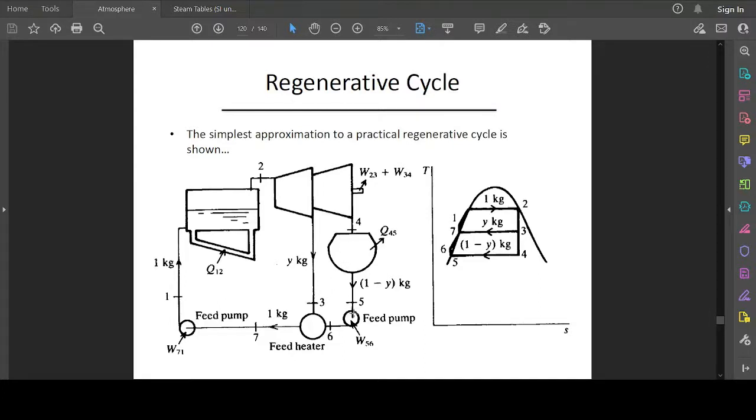Instead of passing from the feed pump to the turbine through the heat exchanger, some of the steam from the first turbine is passed to the heater, and that is used to add more heat to the liquid between stage 6 and 7. So we will have something that looks more like this, where the cycles are stacked on top of each other.